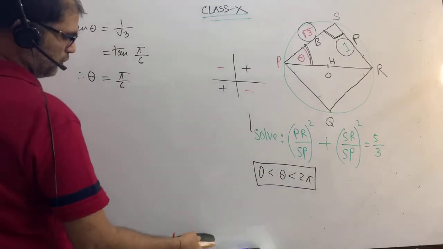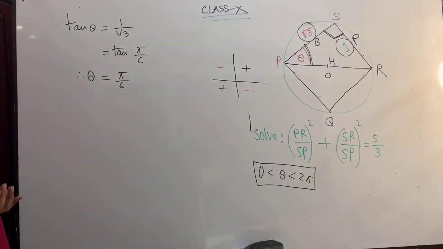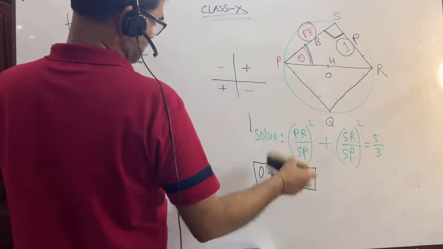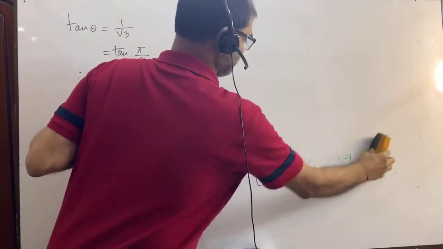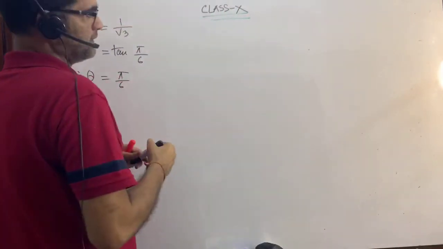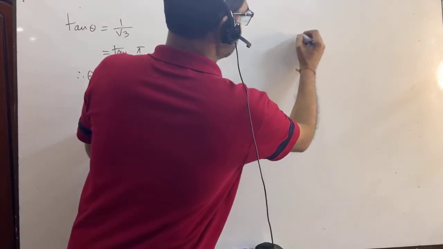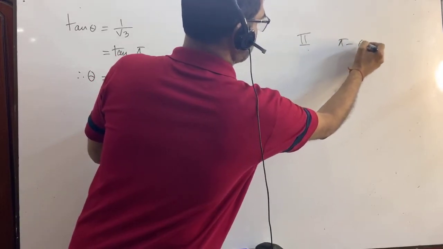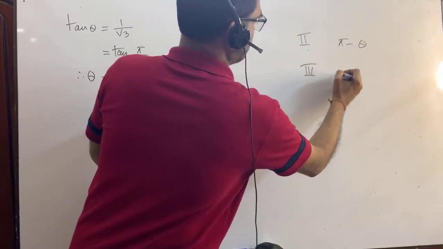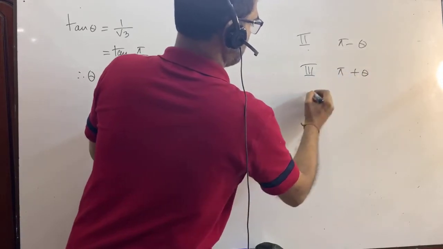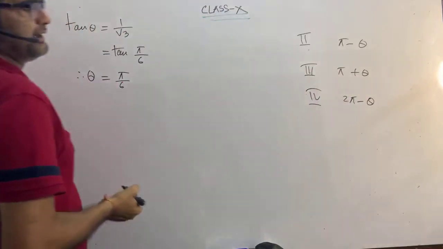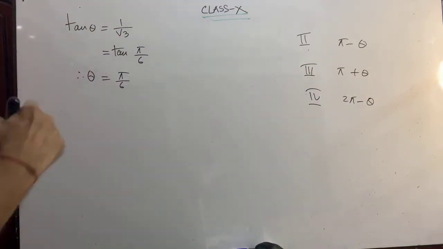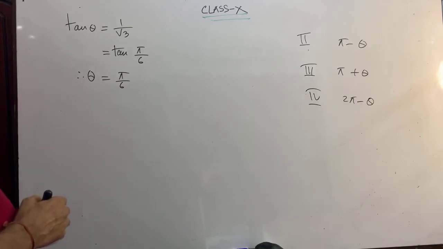Can you remember what I told you for the second quadrant? Can any of you remember? For the second quadrant you were told pi minus theta, third quadrant pi plus theta, and for the fourth quadrant it is 2 pi minus theta. This is the formula by which you can do all the maths of question number 13.